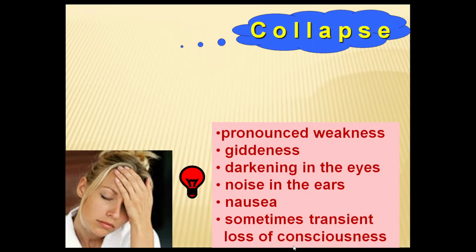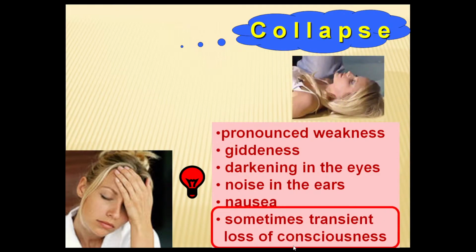Syncope cannot be without loss of consciousness. Collapse, possible. I separate them because it's not obligatory. The patient can prevent it if he immediately lies down or lowers his head.